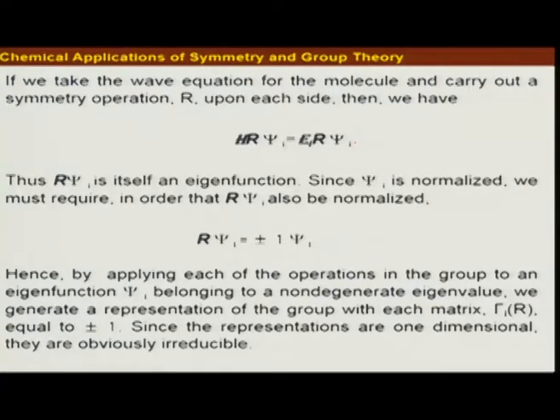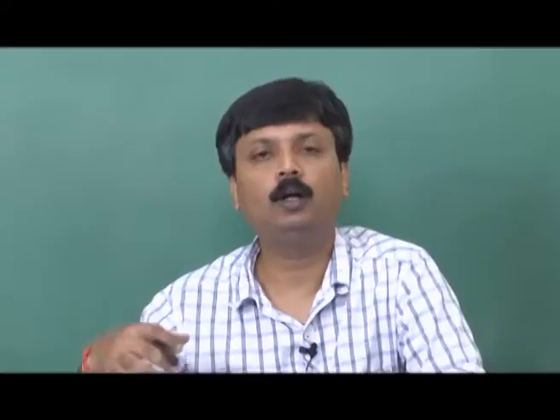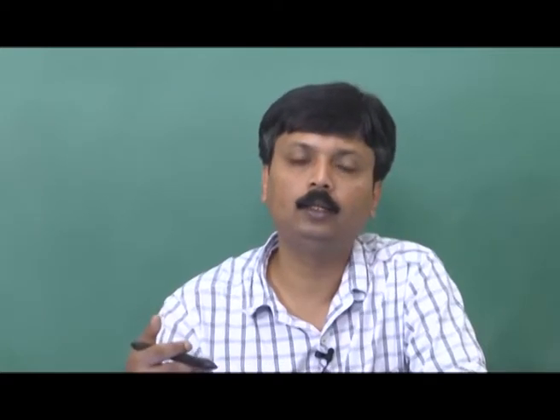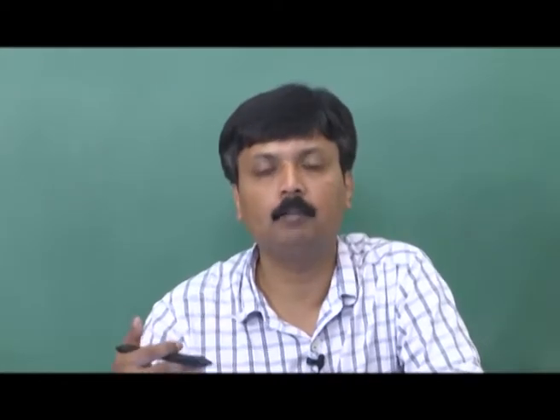Now, each psi i is normalized, and we said that we are normalizing it to the value of 1. If we couple this to the fact that when you operate any symmetry operation on this psi i, R psi i is also an eigenfunction of the Hamiltonian operator for which psi i is an eigenfunction, and that each psi i is normalized, then in order to have R psi i as an eigenfunction, R psi i must be normalized.